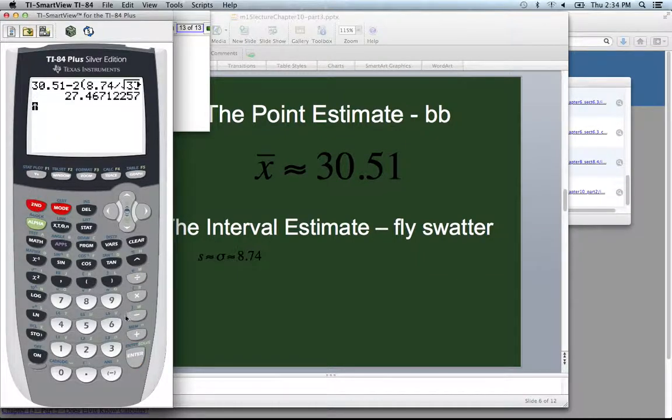And to get the upper limit, all I need to do is change the subtraction to addition here.